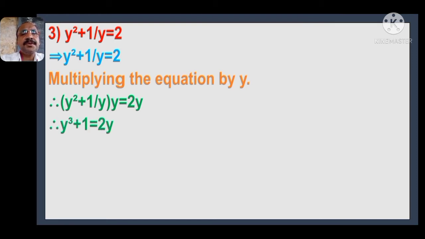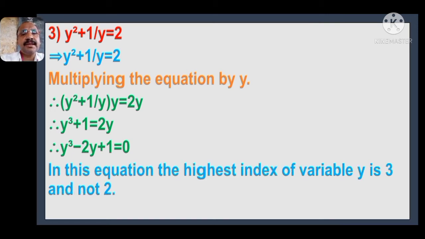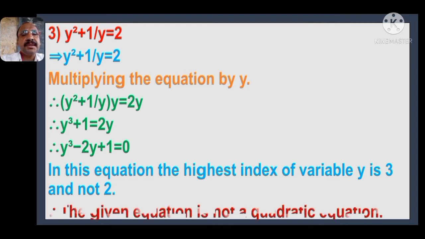Therefore, y cube plus 1 is equal to 2y. When we rearrange this equation, we get y cube minus 2y plus 1 is equal to 0, and in this equation the highest index of variable y is 3 and not 2. Therefore, the given equation is not a quadratic equation.